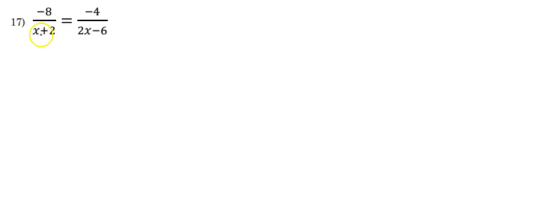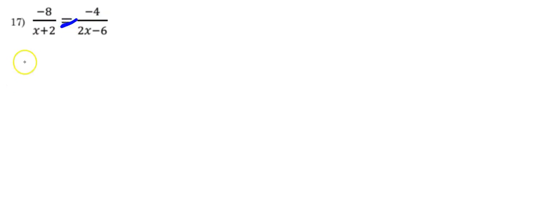And with 17 here again, we have these two ratios, or these two fractions, set equal to each other. It's very similar to number 16, except you're going to have 2 times you're going to have to distribute. So I'm just going to go ahead and write these.